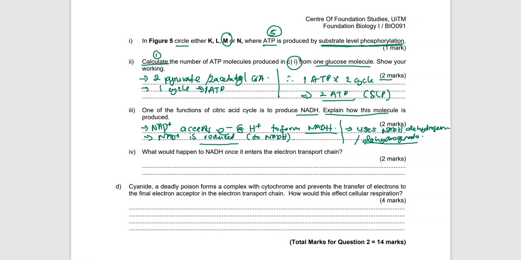Or another point that you could include is that it involves the oxidation of compounds. The compound is losing its electron and also hydrogen ion, so the electron and hydrogen ion of that compound will be given to NAD+, meaning NAD+ is reduced.